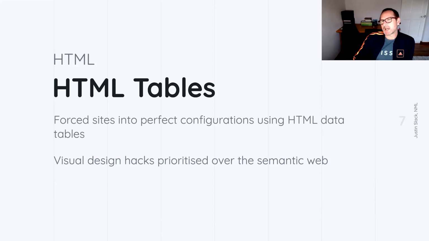And so visual design hacks were prioritized over what we can call the semantic web. If you were around in this time, you would know about things like spacer GIFs and tables nested inside other tables. It wasn't pretty. A huge amount of markup in the HTML to create fairly simple layouts.